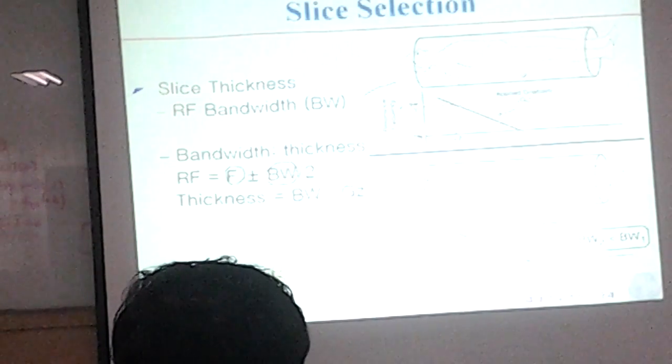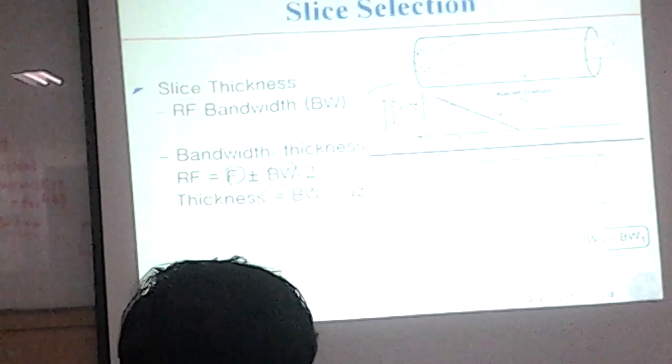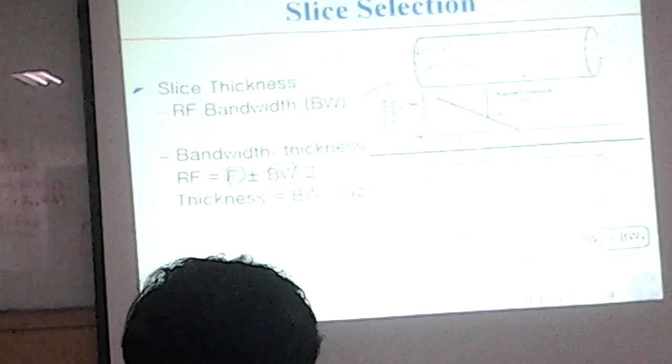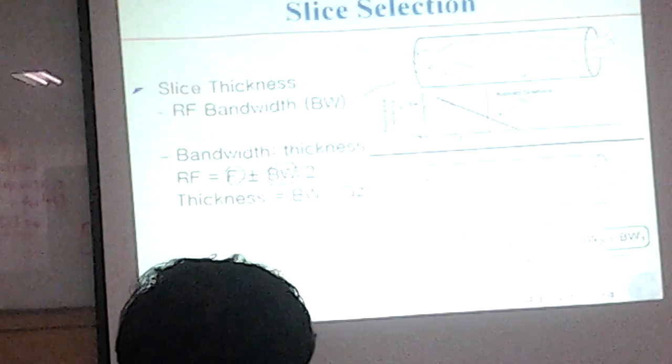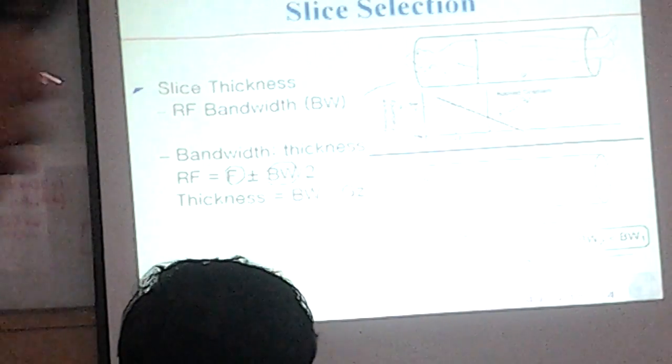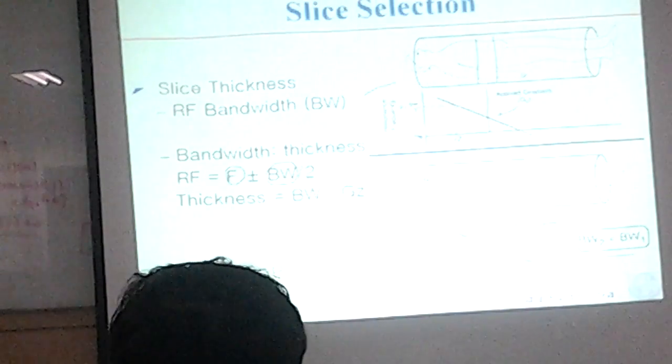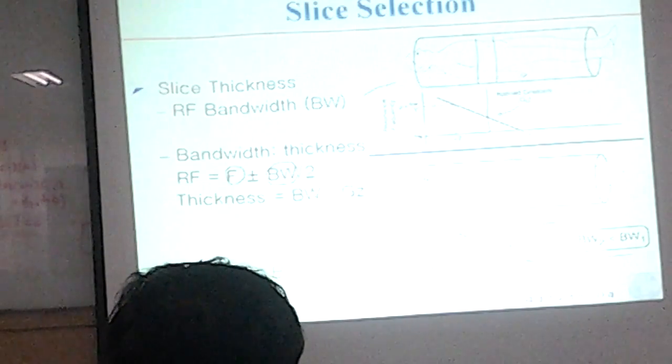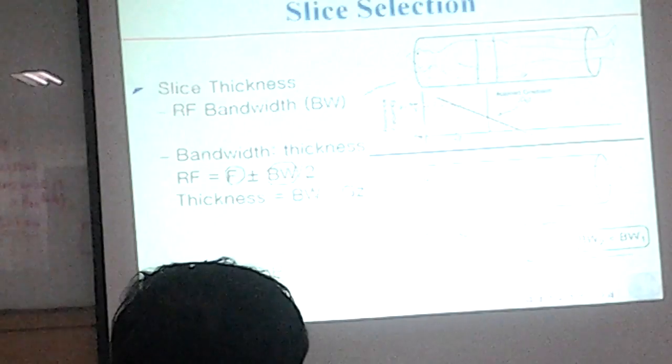If we change the center frequency, then we can select the position of the slice like this. And the bandwidth determines the slice thickness here.